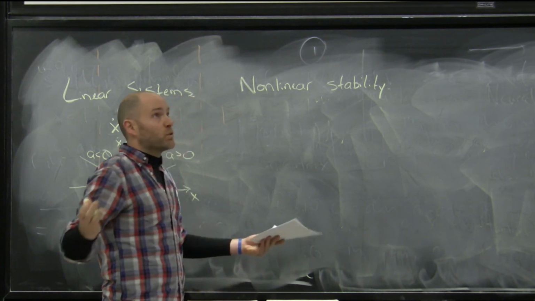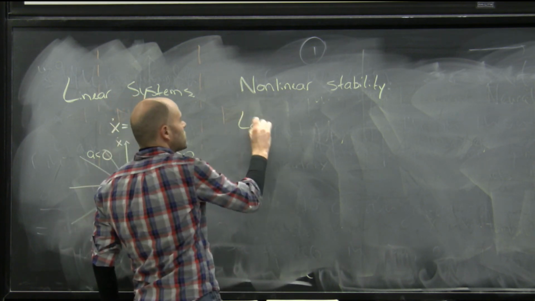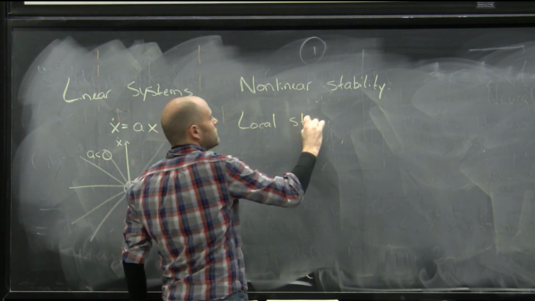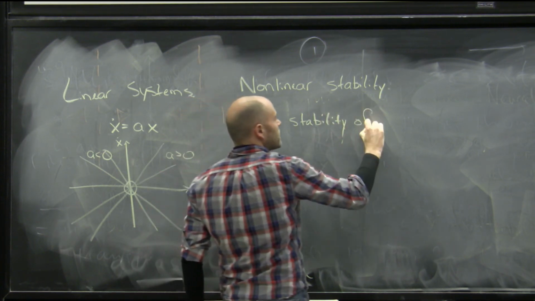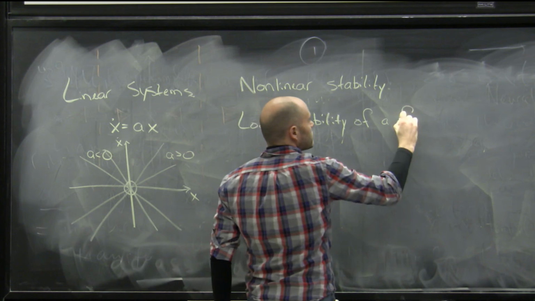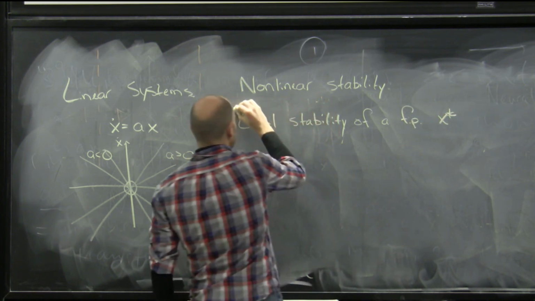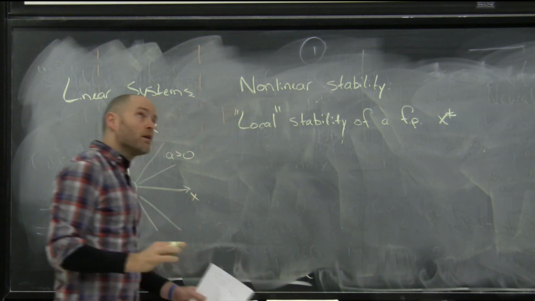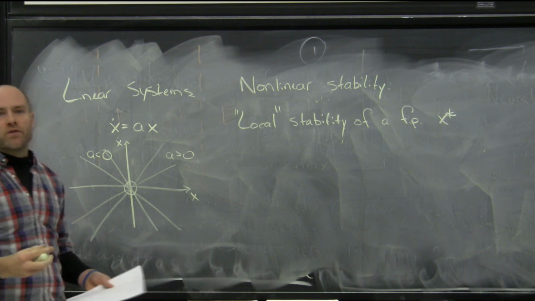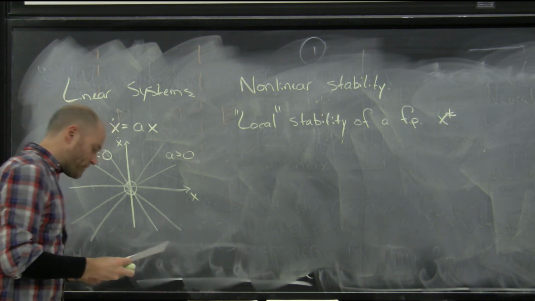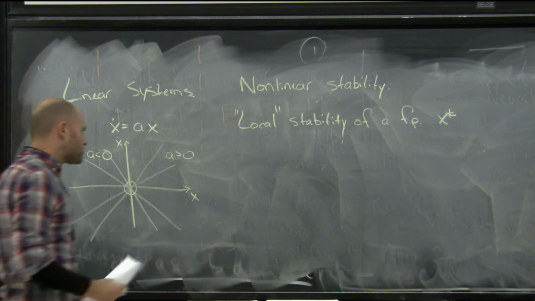In general stability, we talk about what happens from every initial condition, but local stability, the thing we've been cartooning on the board, of a fixed point, x star, is an important concept too, which is just: if I started near that fixed point, what do I do? Do I get closer to it? How fast do I get closer to it? Do I diverge? Okay, so let me give you the three most important ones.